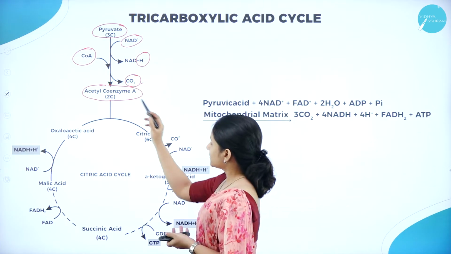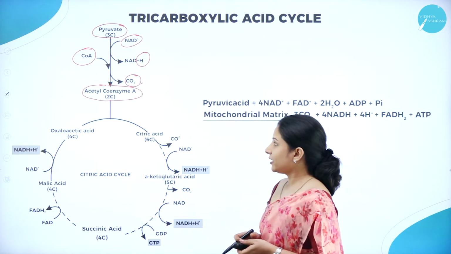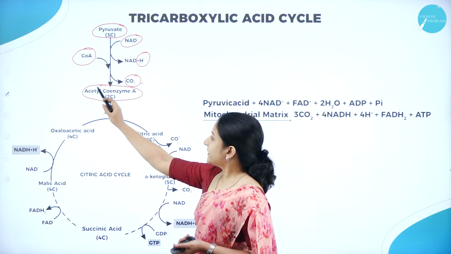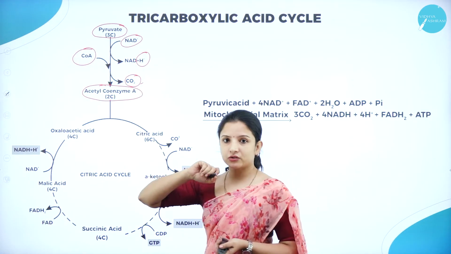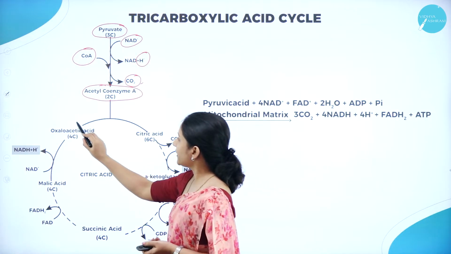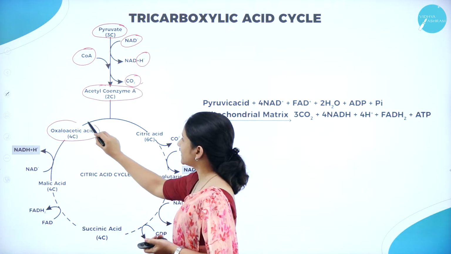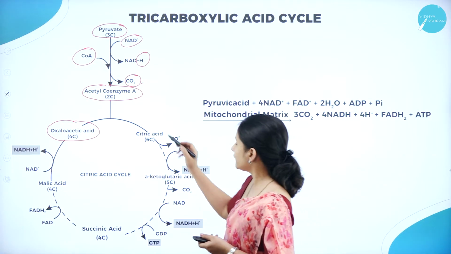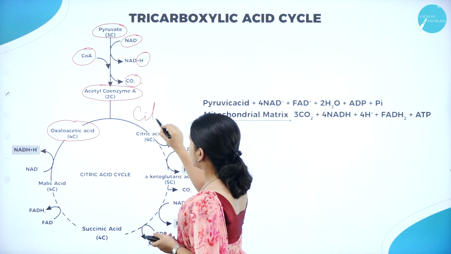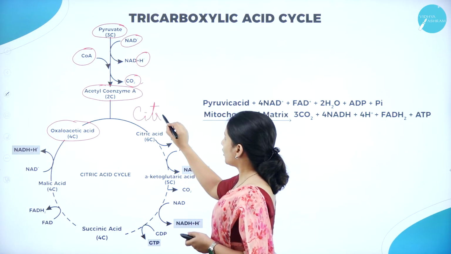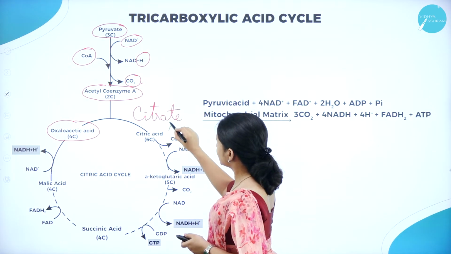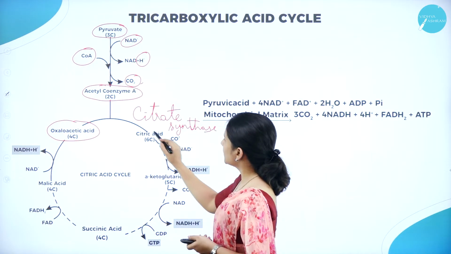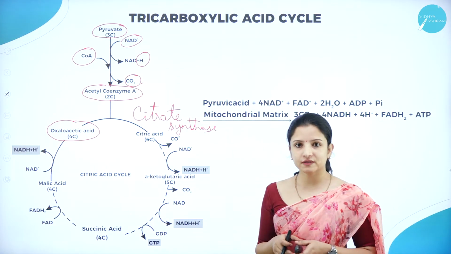Next, acetyl coenzyme A gets converted into citric acid. Acetyl coenzyme A, which is a 2-carbon compound, combines with oxaloacetic acid, which is a 4-carbon compound, in the presence of the enzyme citrate synthase to form the 6-carbon compound citric acid.